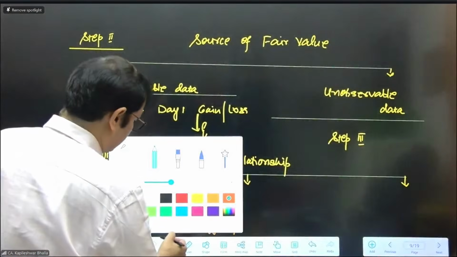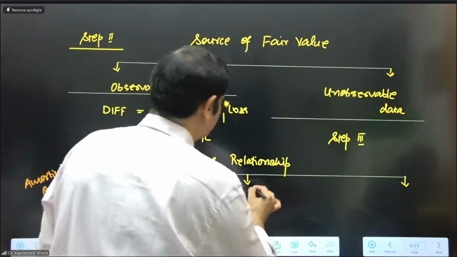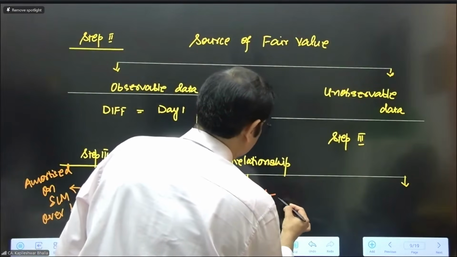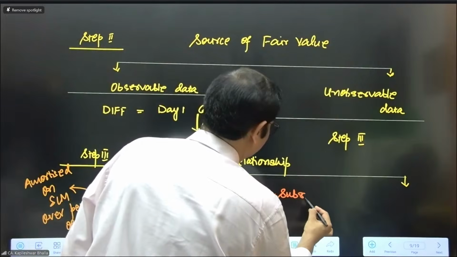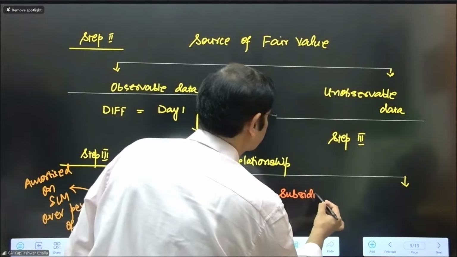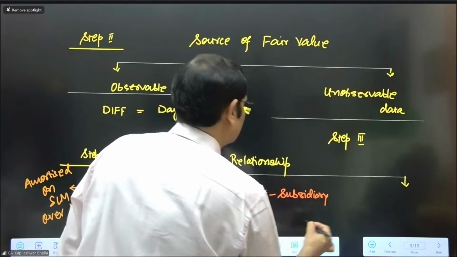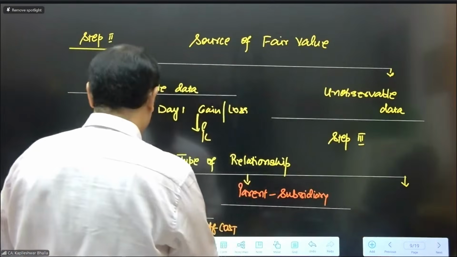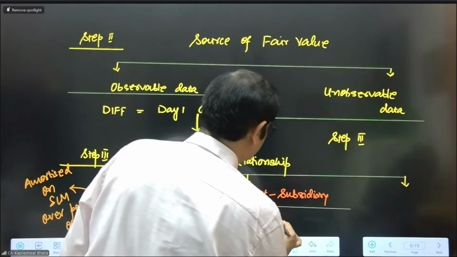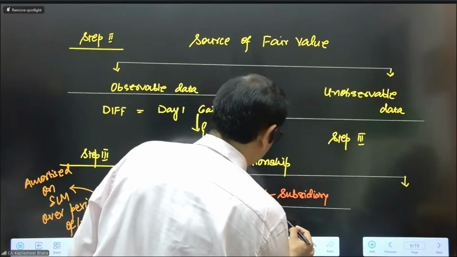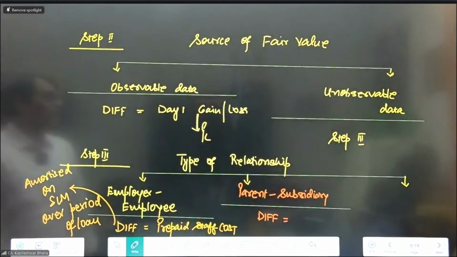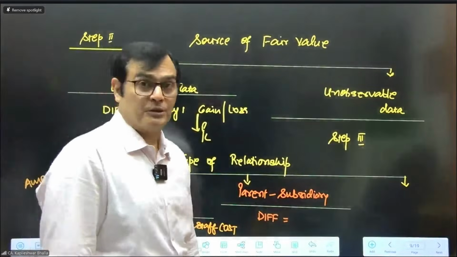The second relationship is the parent subsidiary. When it is a parent subsidiary relationship, consider a loan given by the parent to the subsidiary.